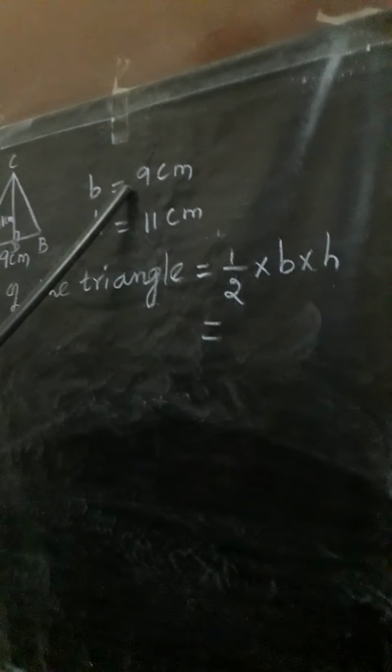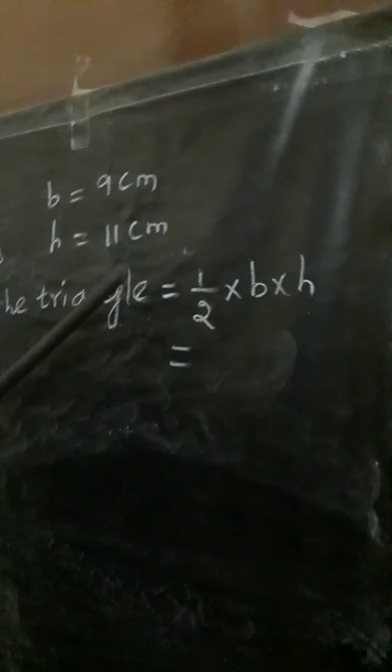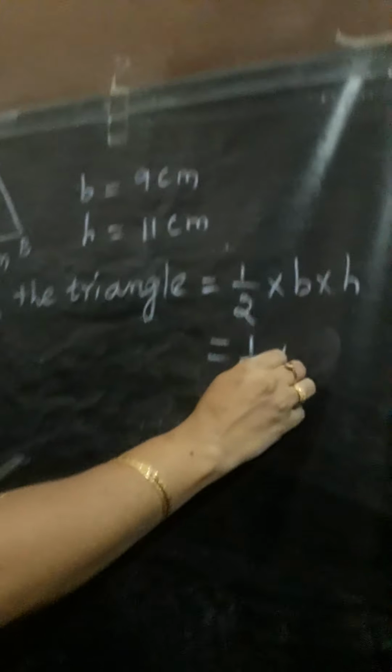Area of the triangle equal to half into base into height. So half into B into H. Here B equal to 9 centimeter and H equal to 11 centimeter. Substitute the value in this formula. So 1 by 2 into 9 into 11.